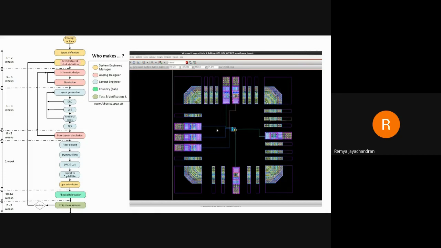From this IC you can take the connections to this pad, and this will convey the signal to the external board through these IO pads. So the input and output signals will be passed to this circuit through these IO pads.